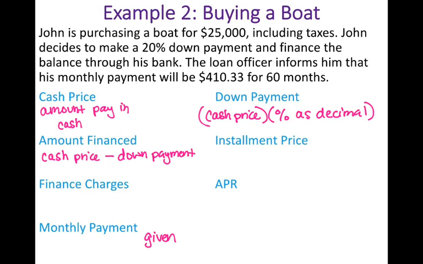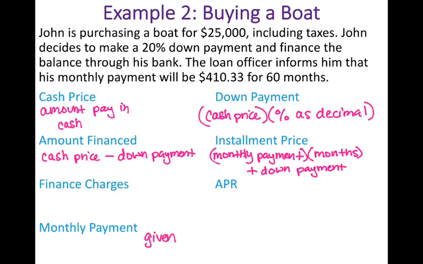And then the installment price is the one that was a little tricky for this particular problem. The installment price is going to be the monthly payment times the number of months plus the down payment, because the installment price is the total of everything that you are spending.